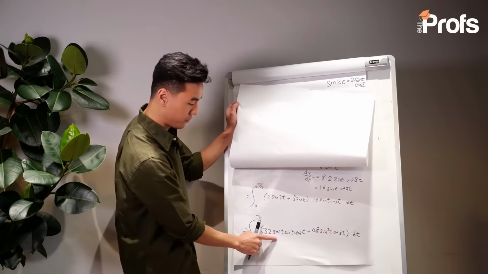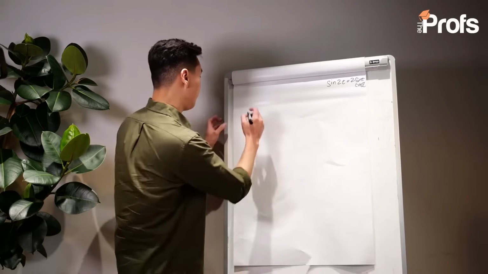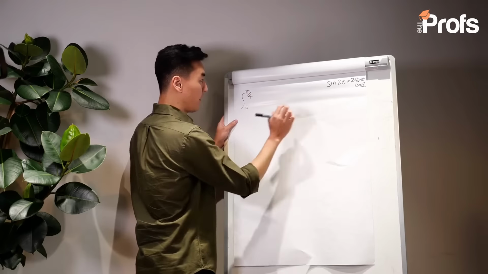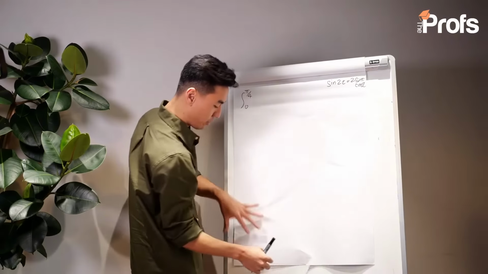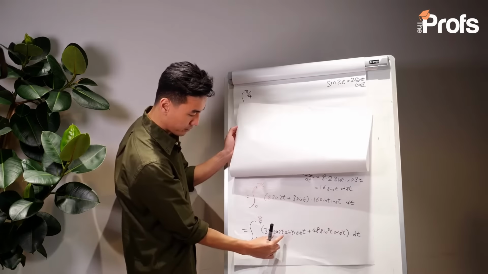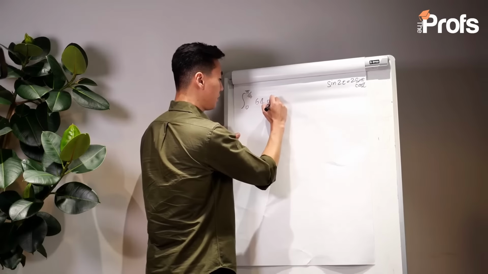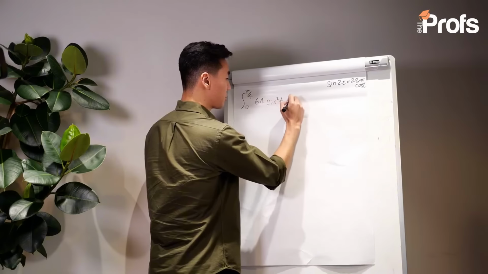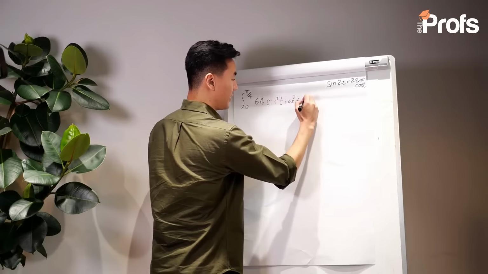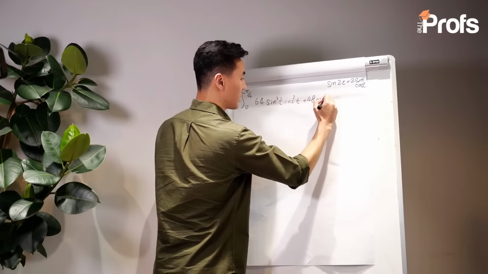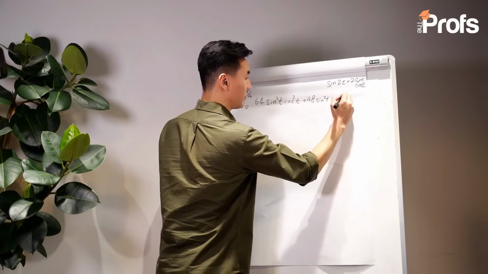So let me go ahead and rewrite that. If I times 2 sine t cos t and replace this section here, this is going to give me 64 sine squared t cos squared t. And the second part remains unchanged, so 48 sine squared t cos t dt.